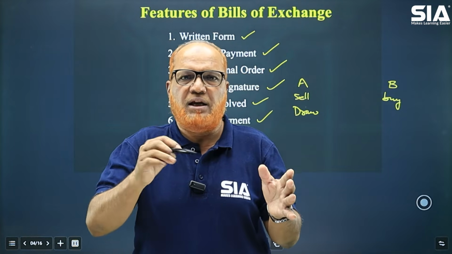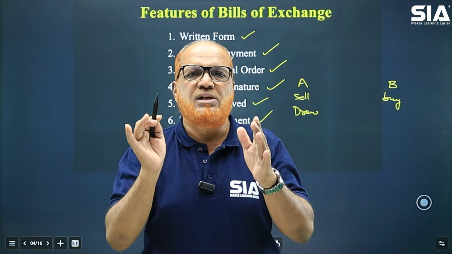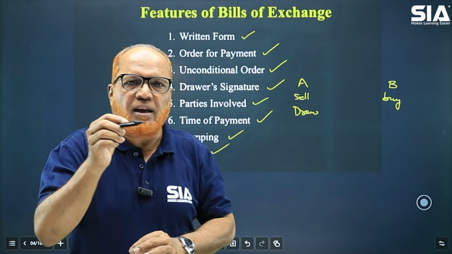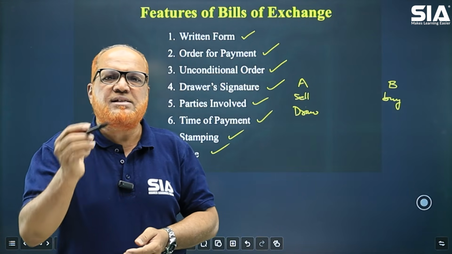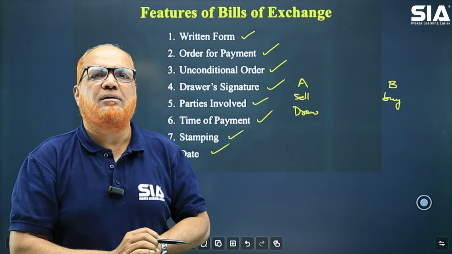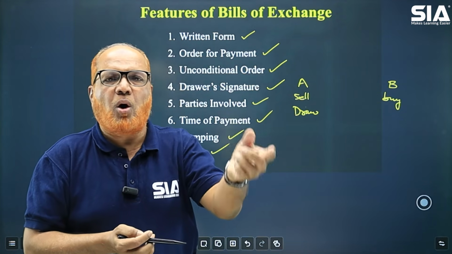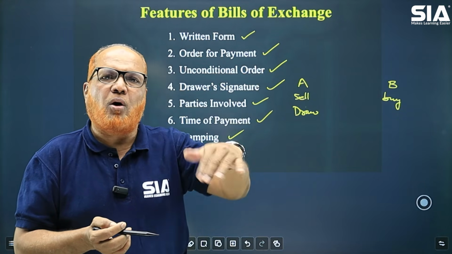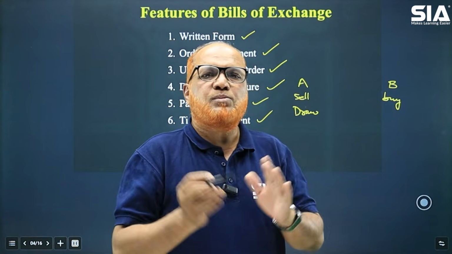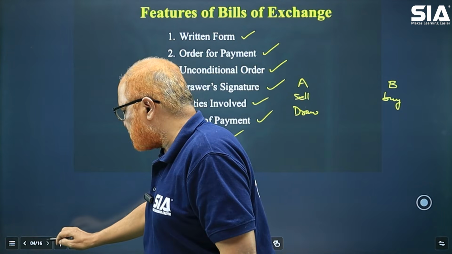That definition, once again I'll repeat for the last time: a bill of exchange is an instrument in writing containing an unconditional order signed by the maker directing a certain person to pay a certain sum of money only to or to the order of a certain person or to the bearer of the instrument. So I have explained to you each and every feature of bill of exchange.